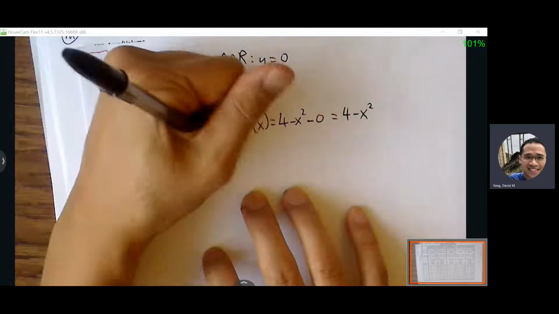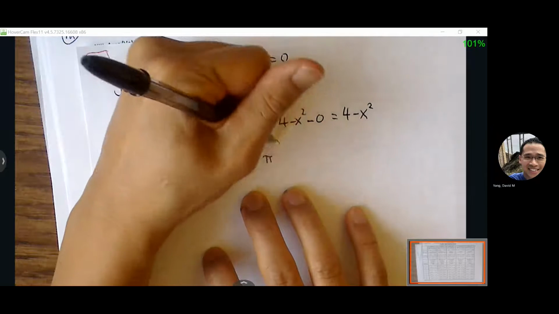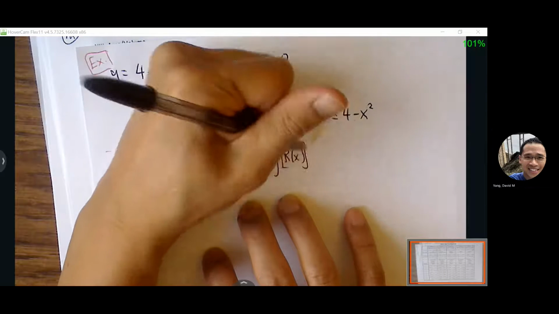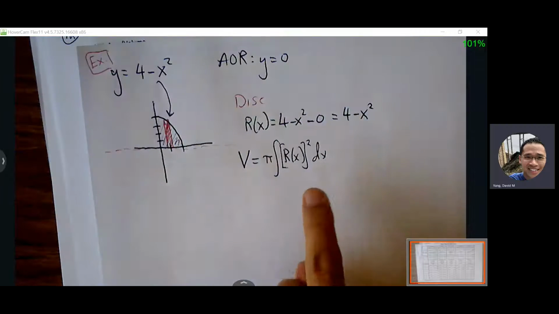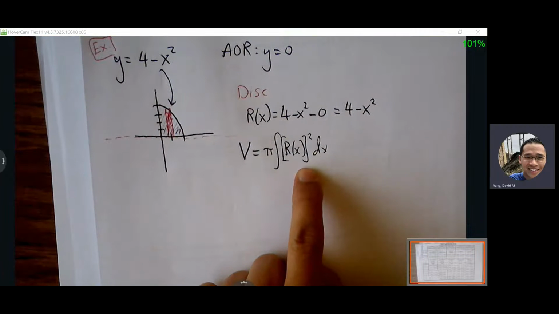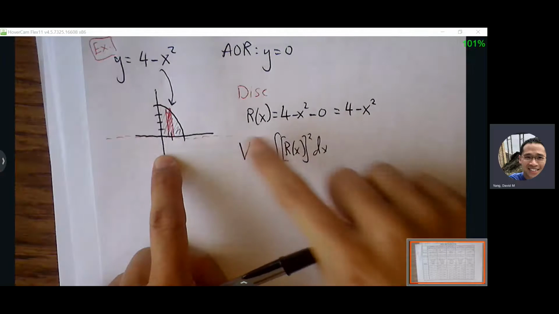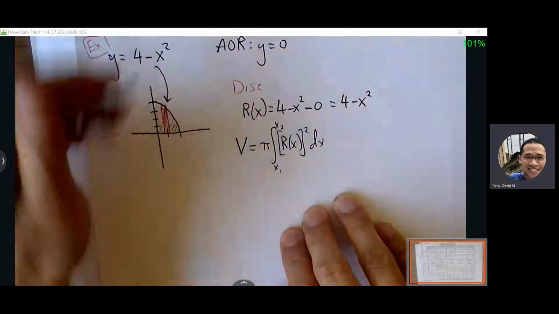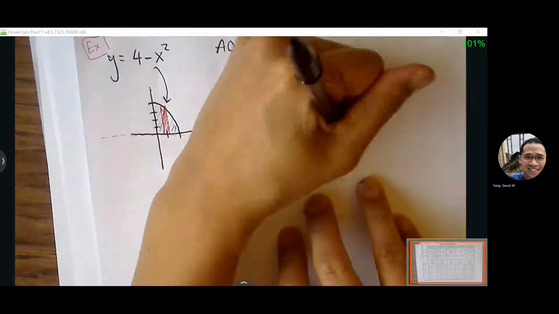Okay, and now we just plug into our formula. This method only requires big radius squared. And now we just insert in. Our bounds is in terms of x, so from 0 to 2.